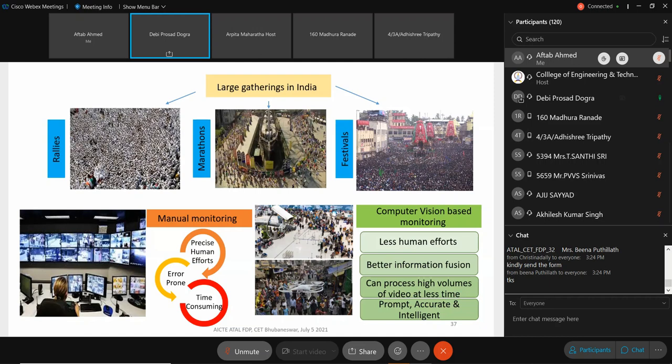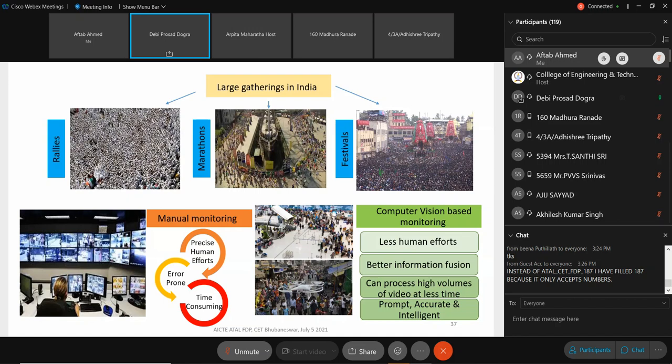Whereas on the right side, if you go for a typical computer vision based monitoring, you will find that it requires lesser human efforts. Obviously human efforts are needed, but lesser. It does better information fusion. It can process high volumes of video in lesser time. It is prompt, accurate and intelligent. Now, accuracy is a subjective thing.